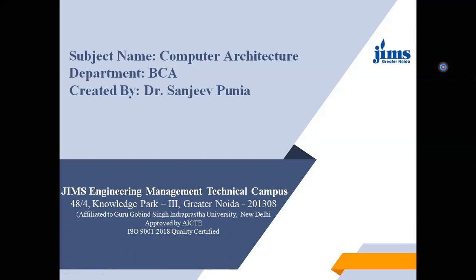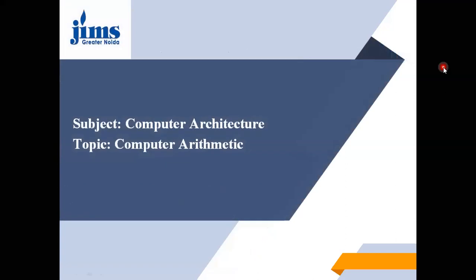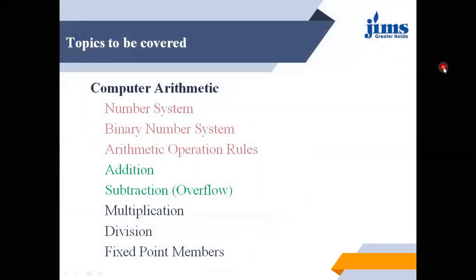In the last lecture of computer architecture, we discussed computer arithmetic and the need for number systems to work with a computer. Then we discussed different types of number systems.